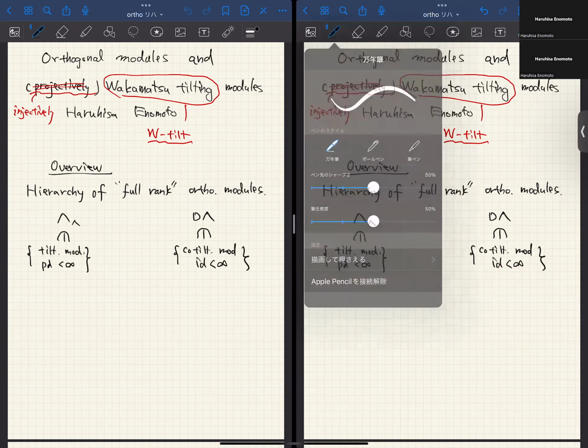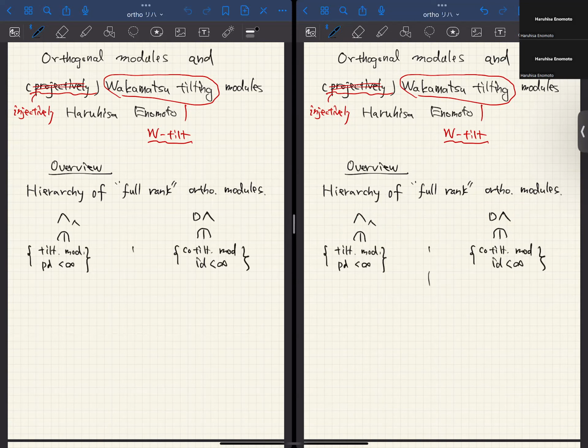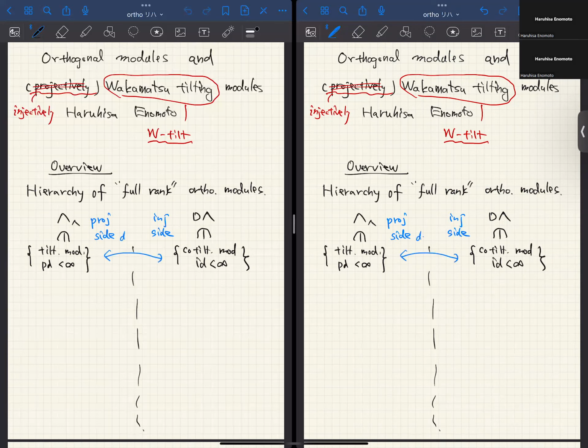So the figure looks like this: this is the projective side, and this is the injective side. And they are dual to each other in the sense that they precisely correspond under the k-dual functor.